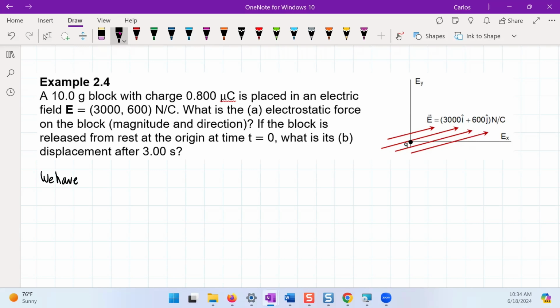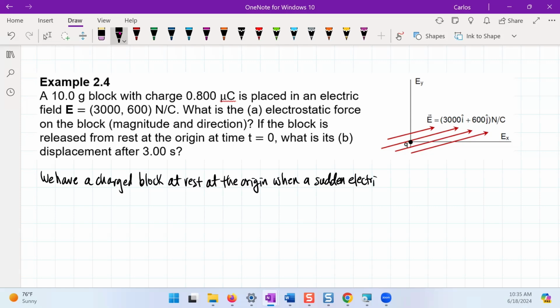We have a charged block at rest at the origin when a sudden electric field is turned on instantly.